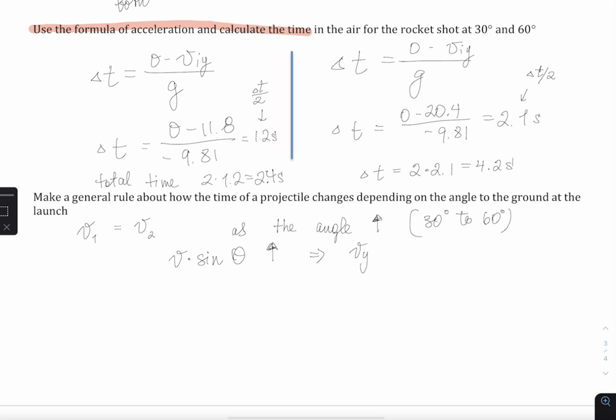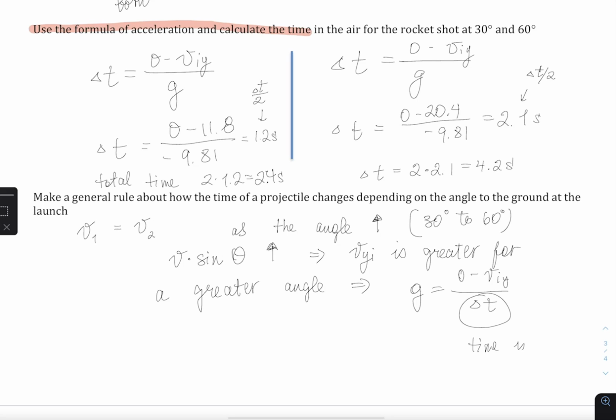So Vy initial is greater for a greater angle, and then if again you are relying on the formula of acceleration, 0 minus v initial over change in t, time is greater.